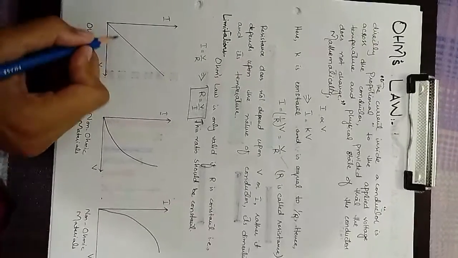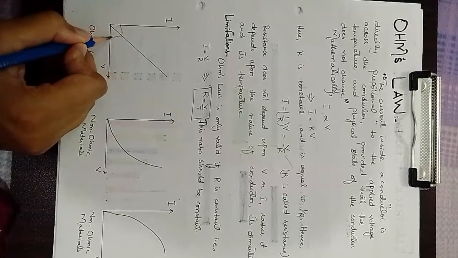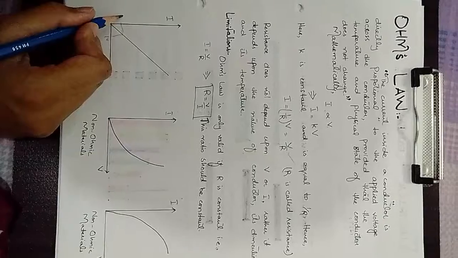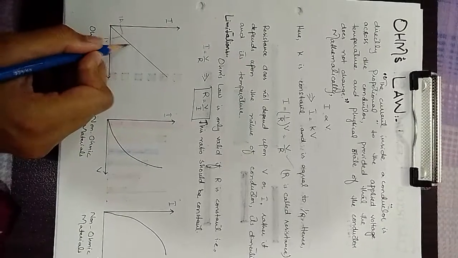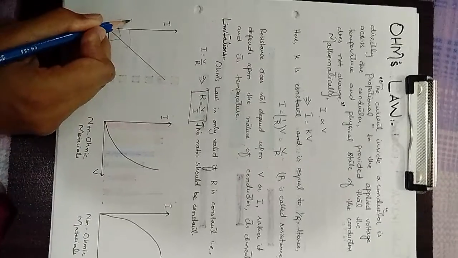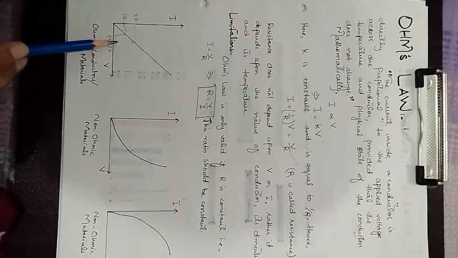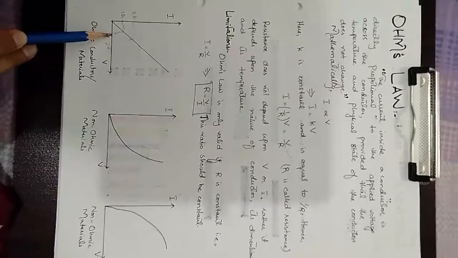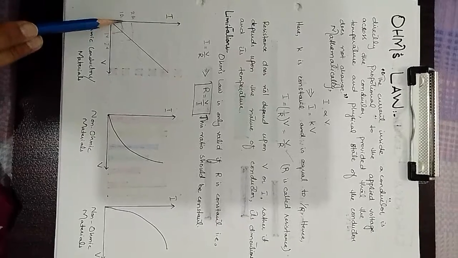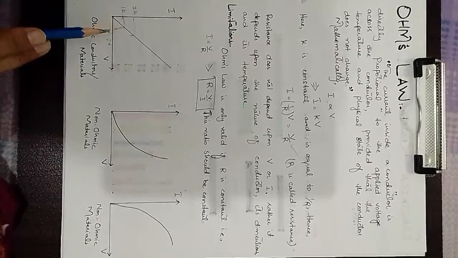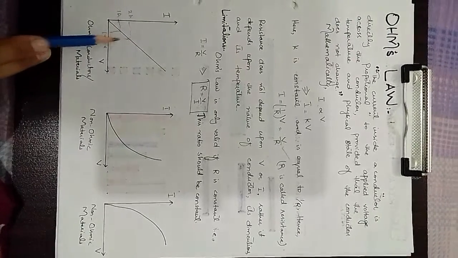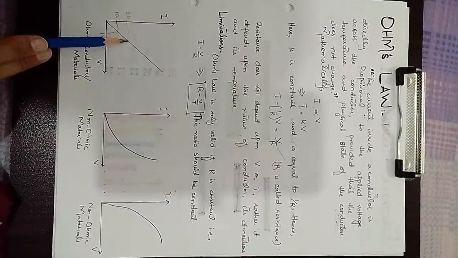You can see over here we have, suppose, 1 volt and 1 ampere, and 2 volt and 2 ampere. So for every increase in voltage, the current will be increased likewise. As much as we increase the voltage, exactly that much the current increases.